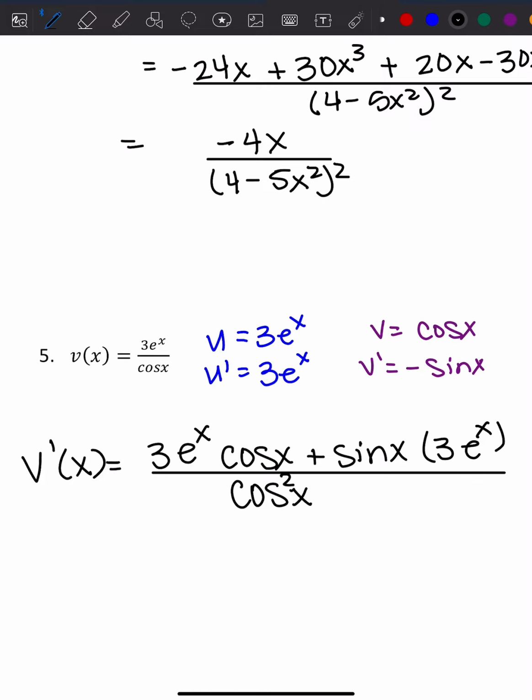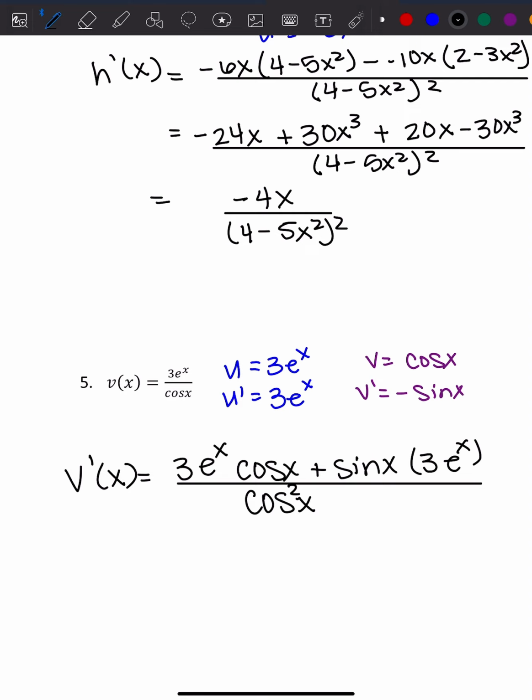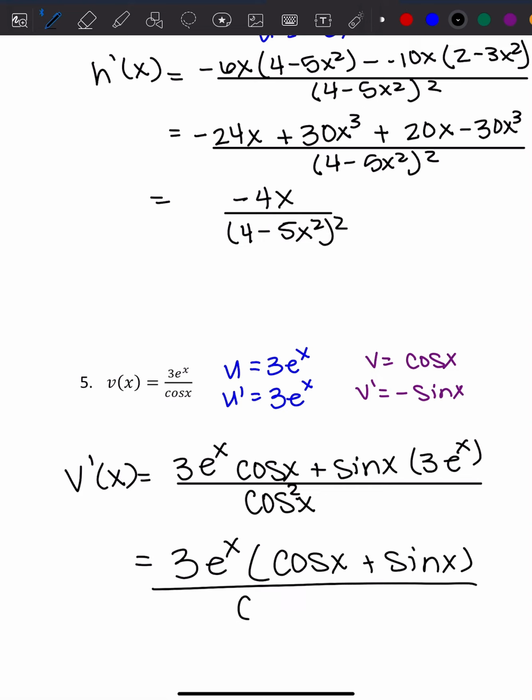We can't really do a lot with that unless we factor something out, but even if we do factor something out, it would literally just be the thing they have in common. So 3e to the x times cosine plus sine, divided by cosine squared. And there's not really more that we can do with that.